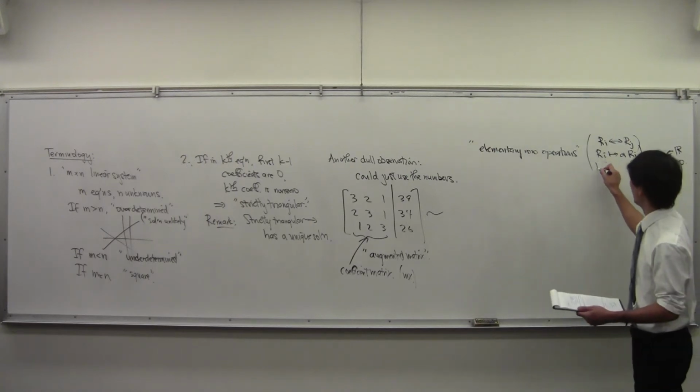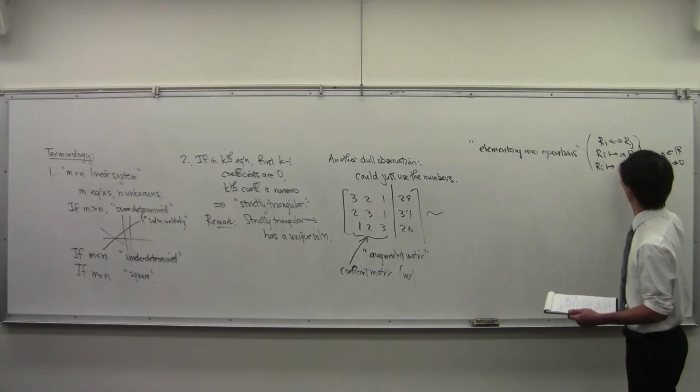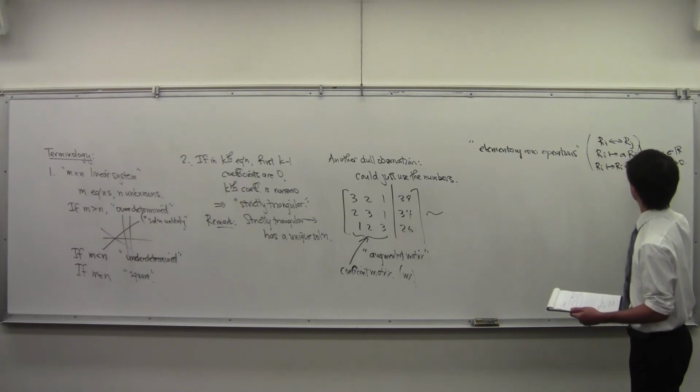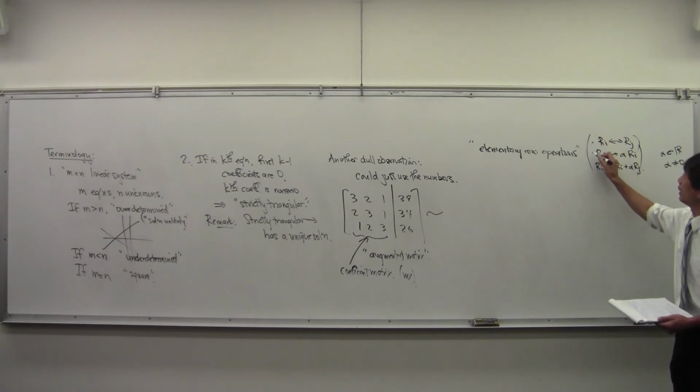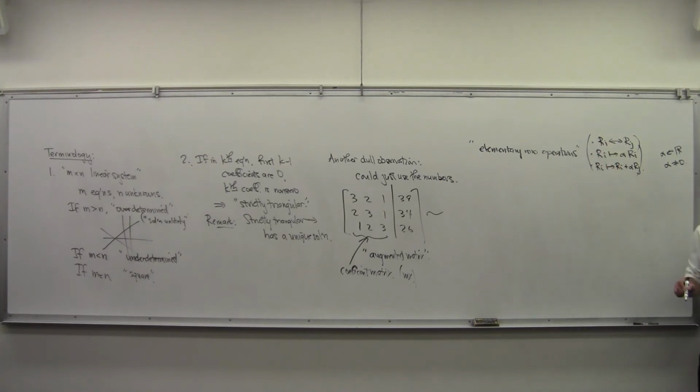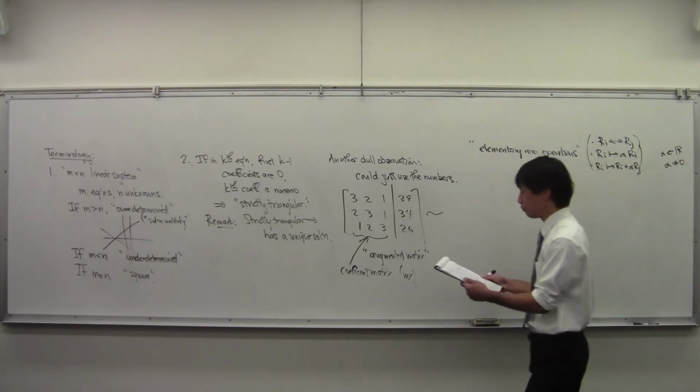Or you could take a row and change it to itself plus some multiple of another row. Right? So there were three things that were legal, and this is the notation that we'll be using. The switch, taking a multiple of your row, or adding a multiple of some other row onto your row. So there's these three operations that we said were okay.